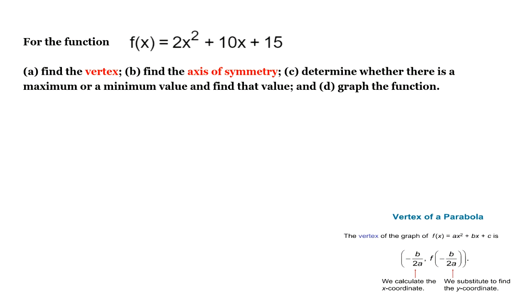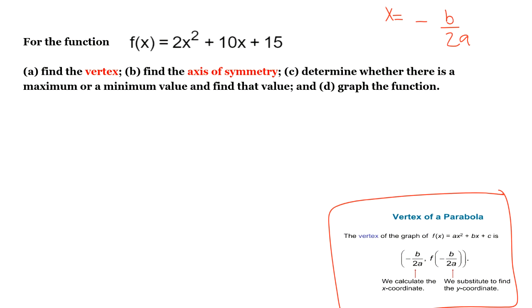So the first thing we need to do, we know that this is the formula. And this is really the only part that we really need to know. X is equal to negative b over 2a to find the x coordinate. So we need to pull out an a and a b from our function.